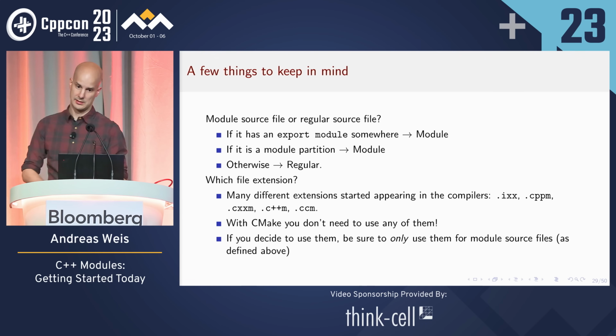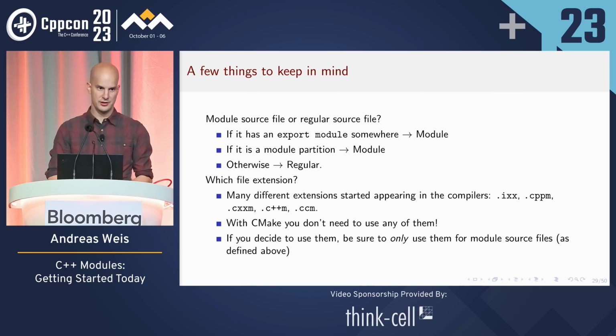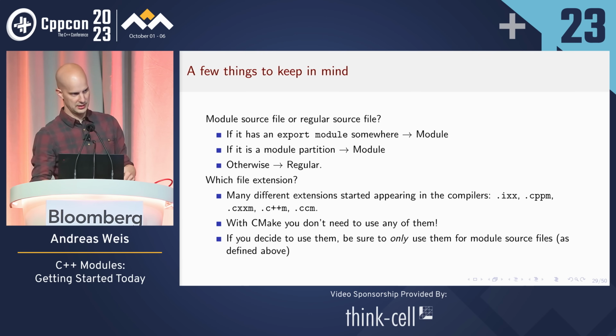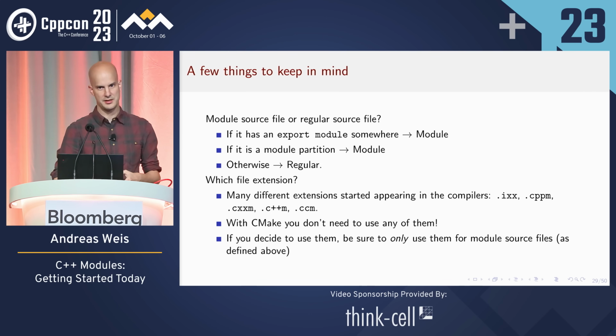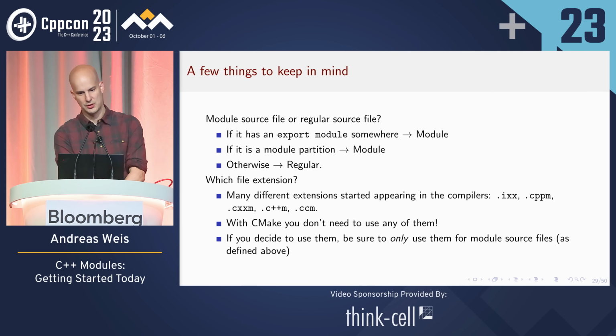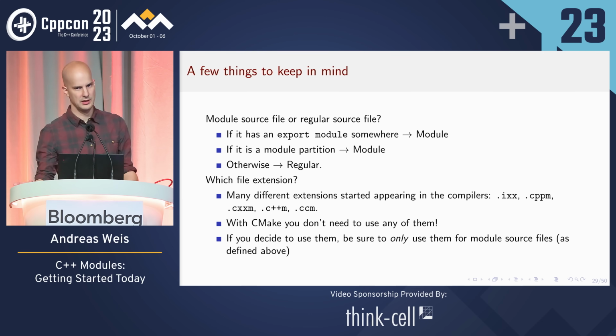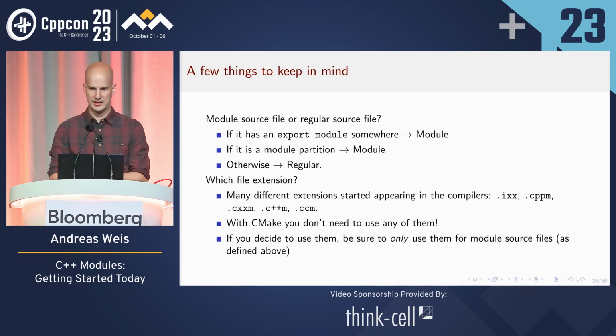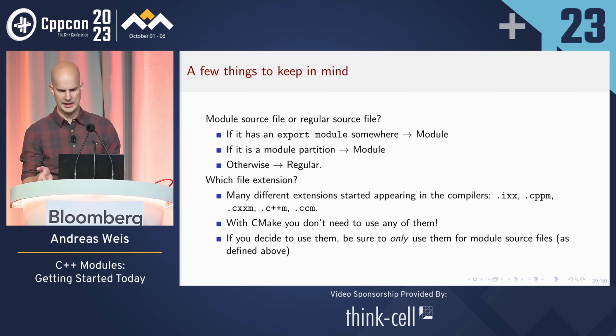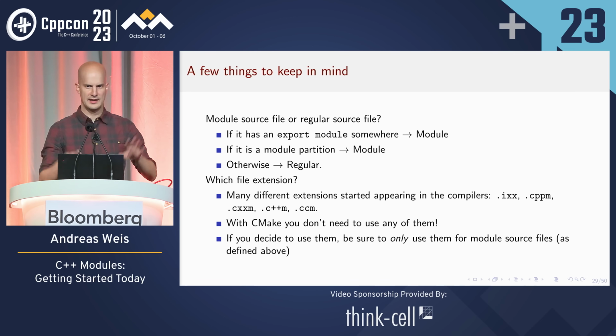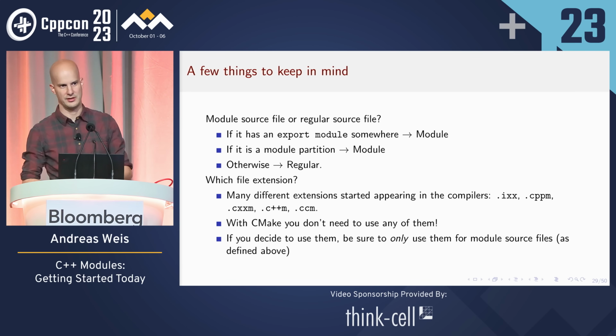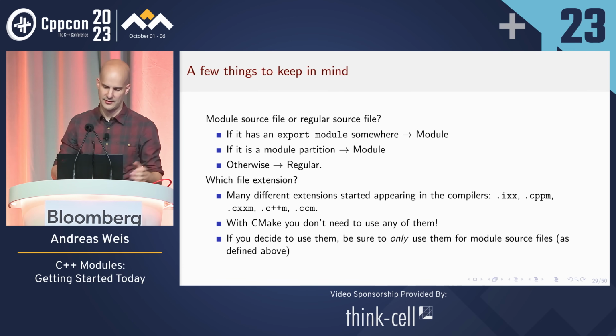Somewhat related to this, there's some confusion about which file extension to use. When modules started appearing in compilers, we also saw a bunch of new file extensions pop up. And there was the question of which of these should we use? Compilers have now more or less converged. MSVC and Clang, I think, recognize all of these. GCC is more like, we don't care what your file extension is. Just give us anything and give us the correct flags and it should work.